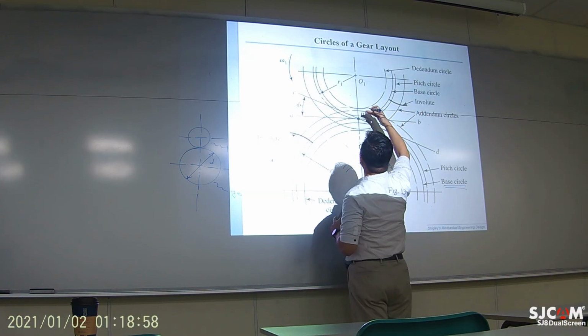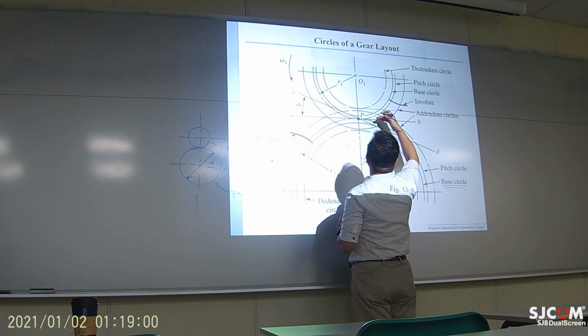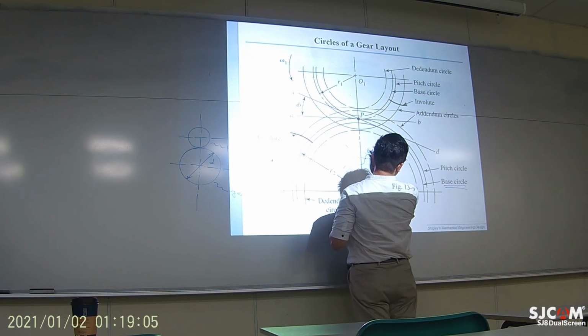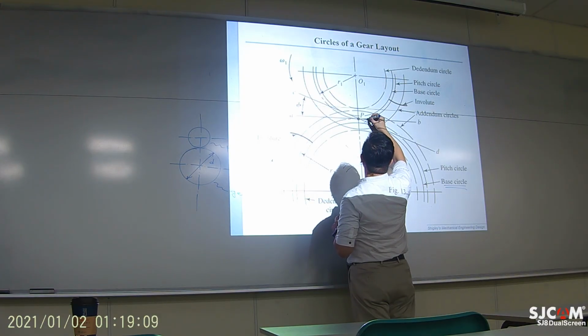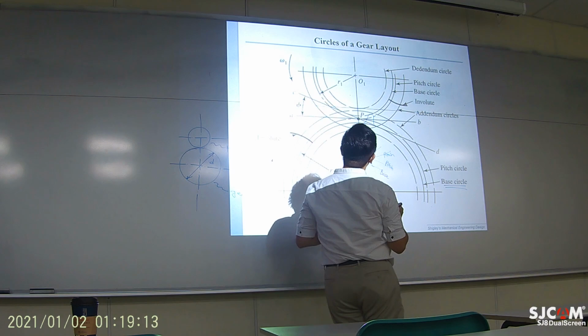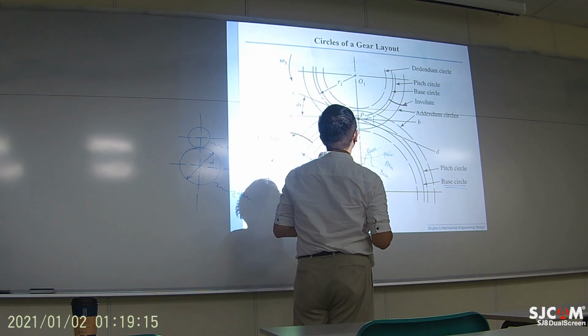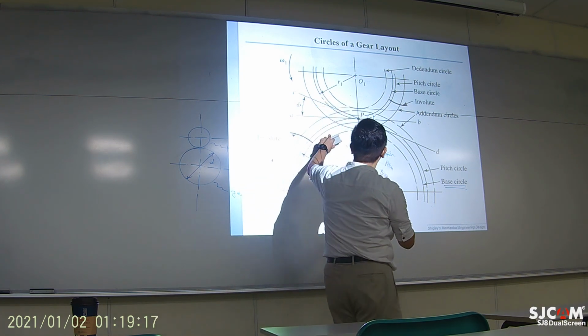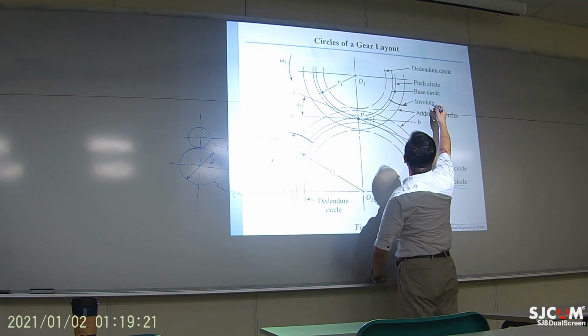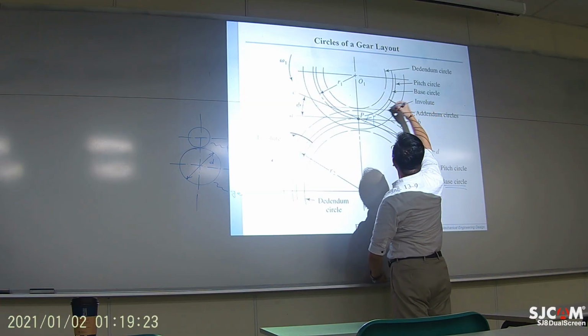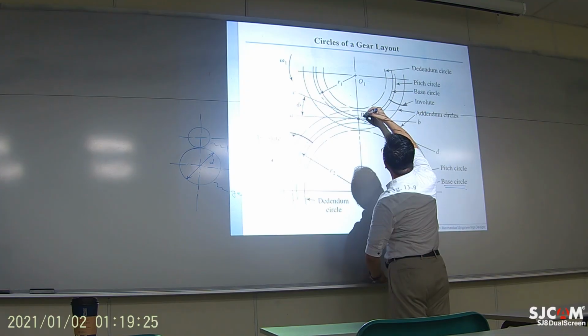This is the base circle. Okay, this is one tooth on the lower side, and then the base circle on the top is this one.